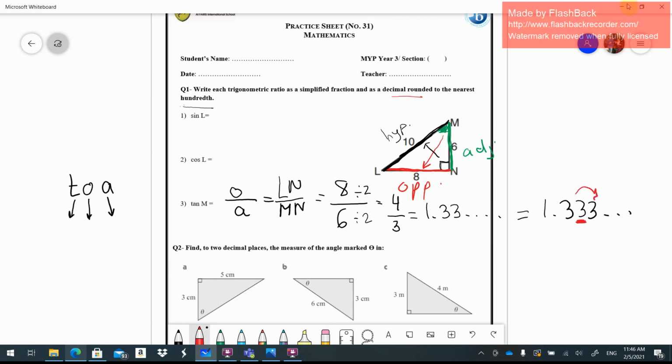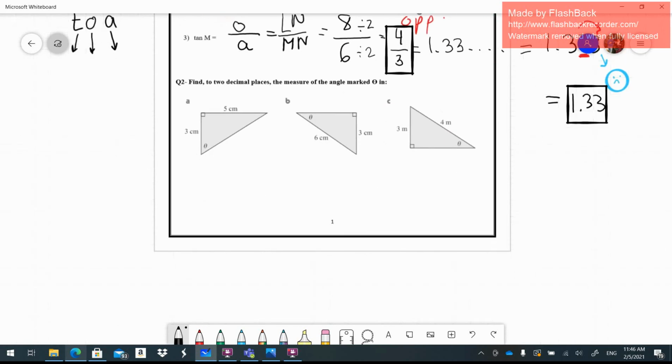Look right next door. Is my neighbor strong or weak? Let's look at this 3, the neighbor here. 3 is a weak neighbor. Therefore, the underlined number will stay the same. So it's 1.33. That's the answer as a decimal, and that's the answer as a fraction.